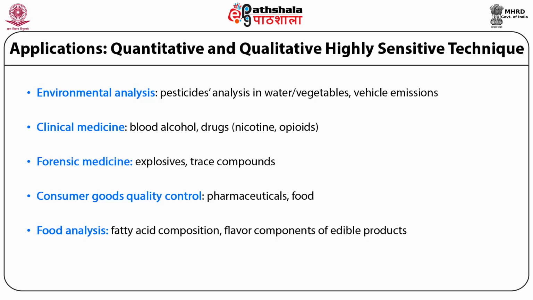So these are some of the analyses that are done using gas chromatography. Then again, studying petrol composition and the purity of the solvent in gas refineries is an application in the petrochemical industry.